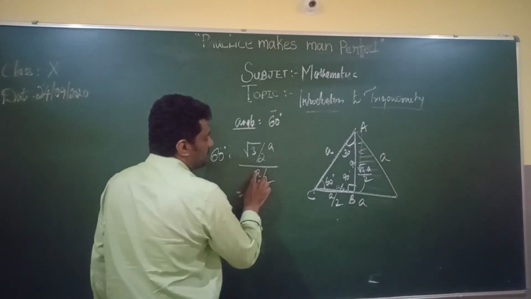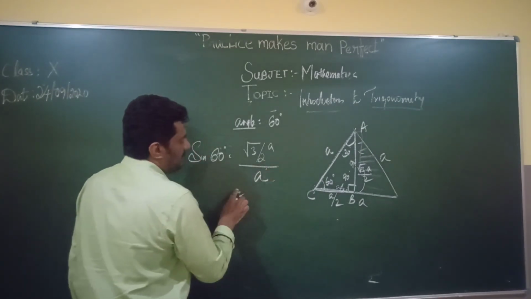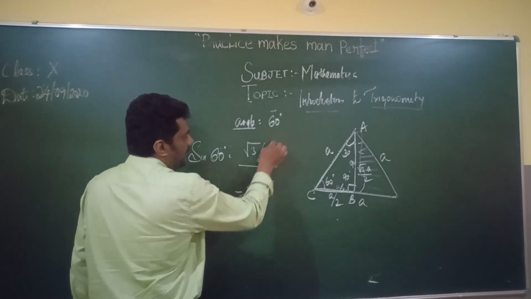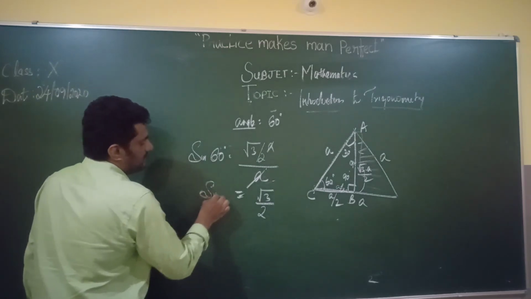Sin 60 is opposite by hypotenuse, right? What is hypotenuse? A. A and A get cancelled, you get root 3 by 2, which is sin 60.